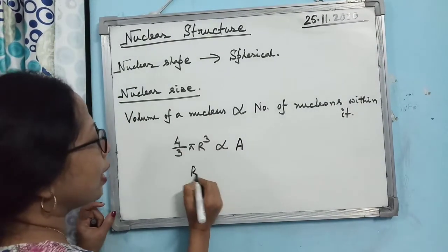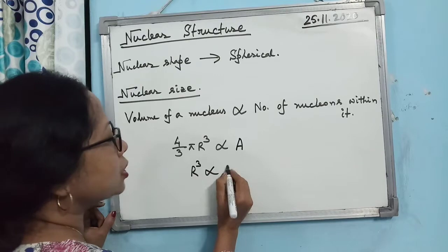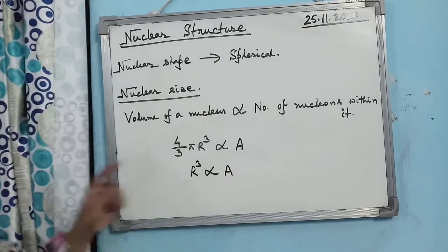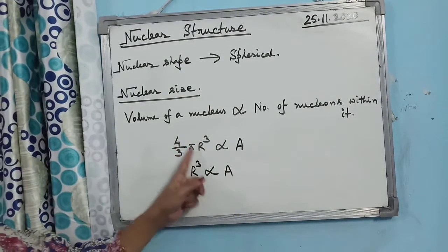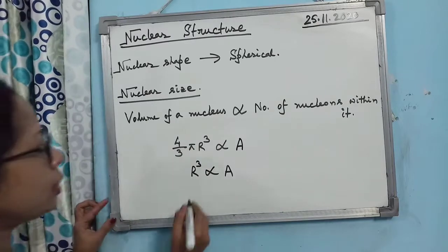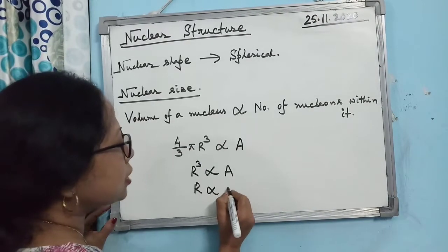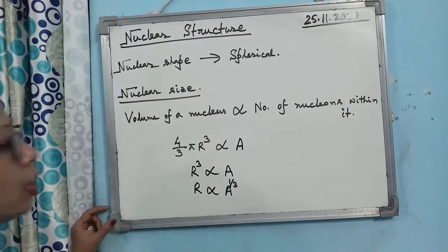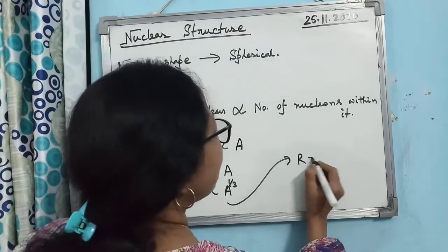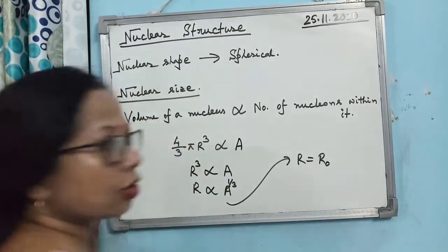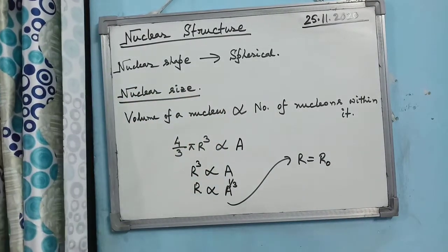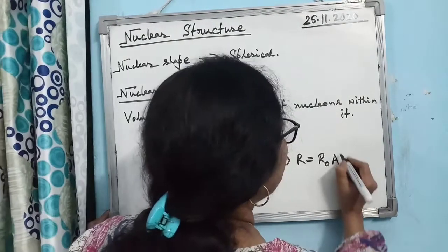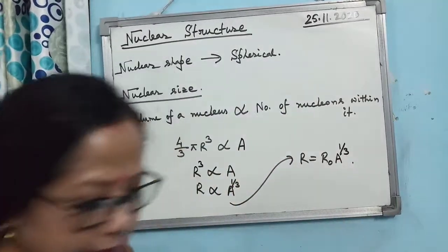One can write r cube is proportional to A, because 4/3 pi is a constant. So you can write r is proportional to A to the power 1/3. So r will be some constant, which we denote by R naught, into A to the power 1/3.